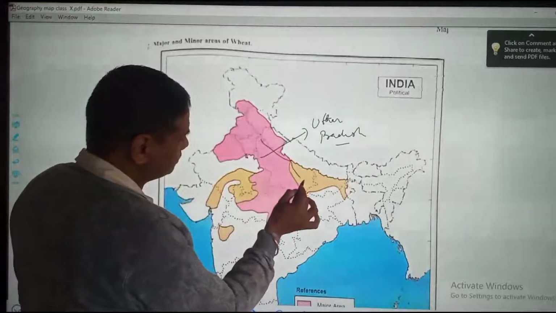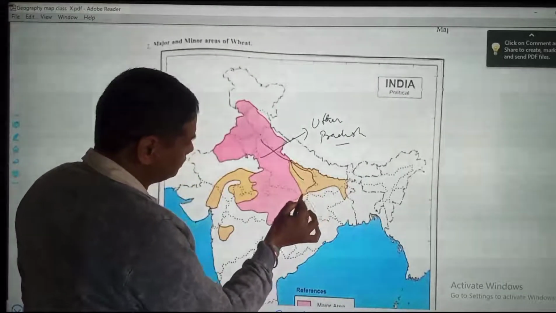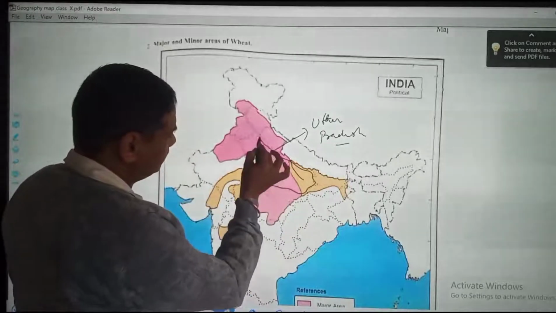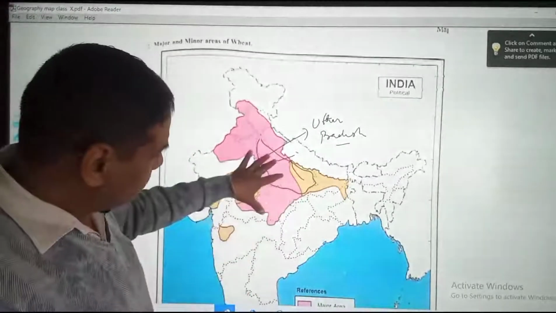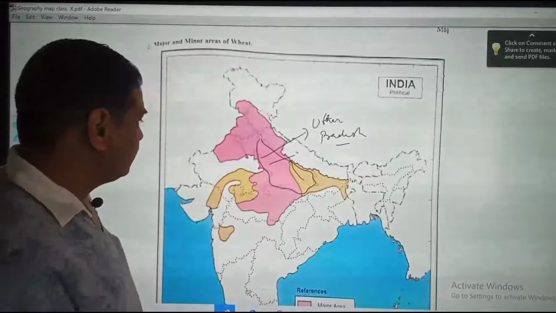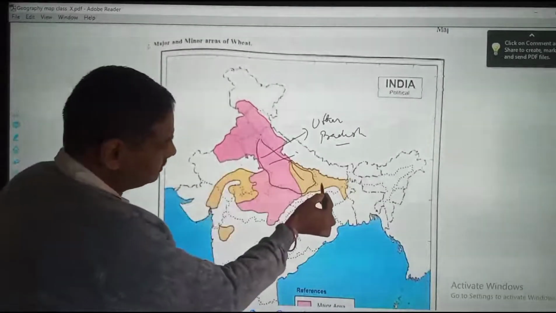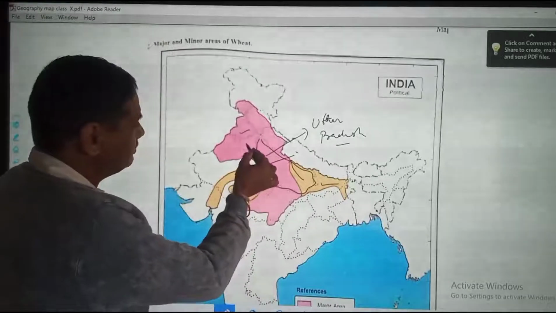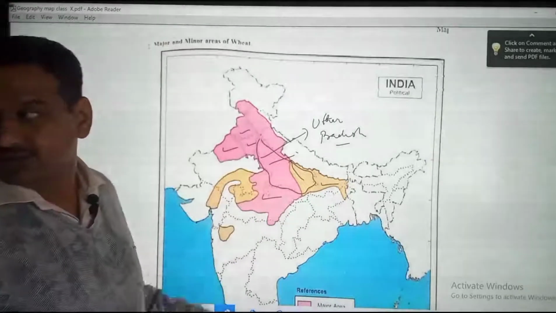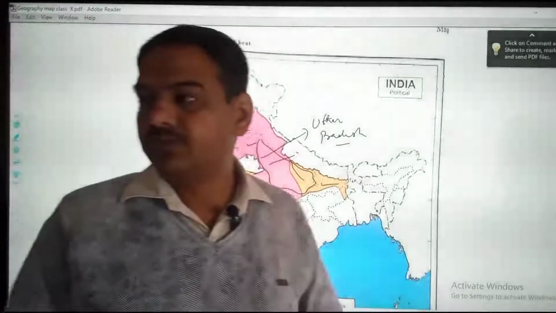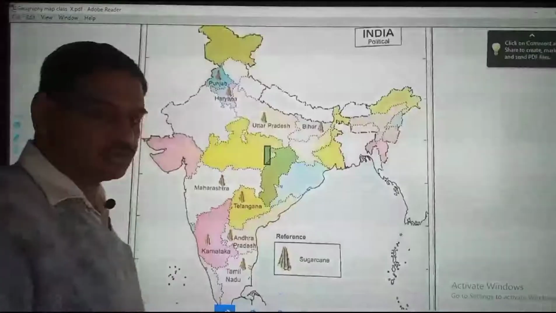So this is Uttar Pradesh, followed by Bihar, Punjab, Haryana, part of Rajasthan and Madhya Pradesh. So these are the major producers of wheat in India.